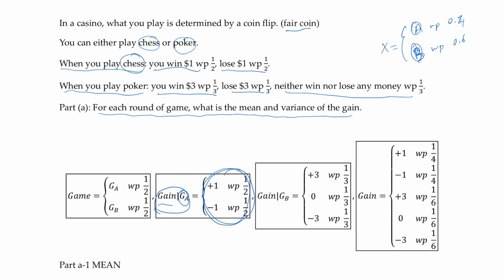We know it completely, and we know how to represent it. So our gain given it's game A is this, and where did we get that? From the problem. And the same we can do for gain given it's game B. We can write it that way, again using the information given in the problem.